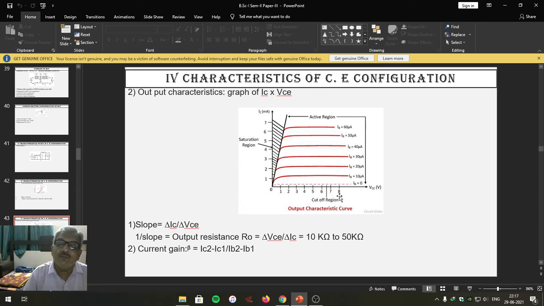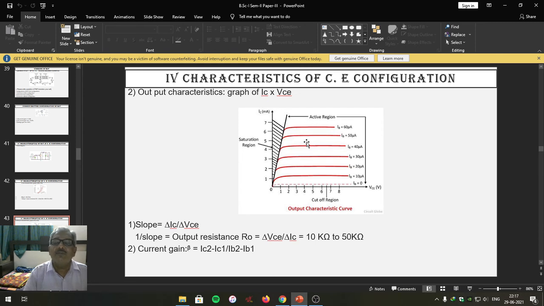In cutoff region, as we studied in biasing, both the junctions are reverse biased and BJT doesn't conduct current. Above IB equal to 0, to the right of the IC axis, this entire region of working of BJT is called the active region.